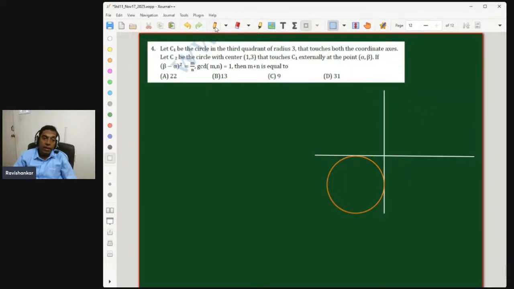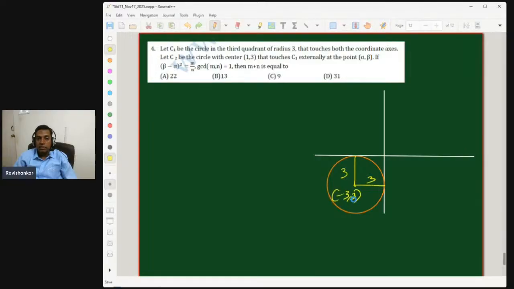This distance is 3 and this is 3 and the center is minus 3, 3.